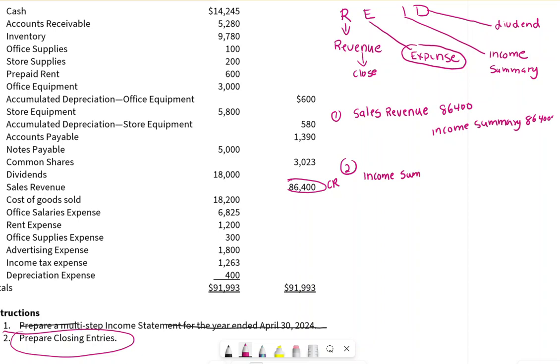So I'm just going to write the income summary account, and I don't know the number yet, I have to work it out. And then the first one is cost of goods sold. That is your 18,200. Then we have office salaries. Then we have rent.